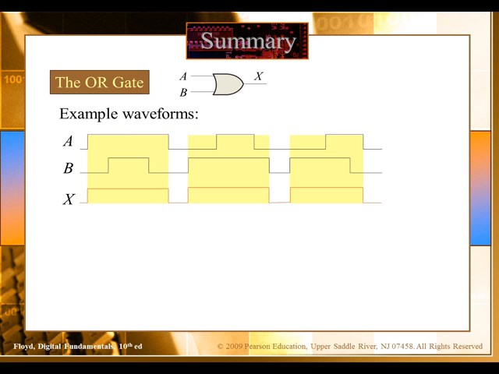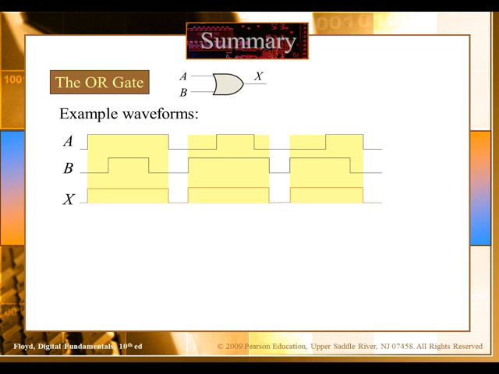Look carefully. Either one is high here, here, and both of these ones here. But in the white blocks, none of the inputs are high. It's probably easy to identify the white ones, because in the white ones everything is low, so the output is low as well.